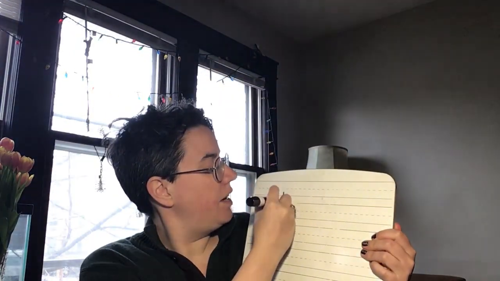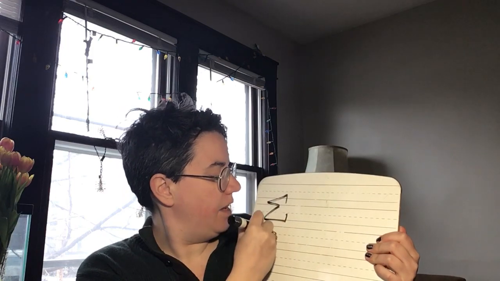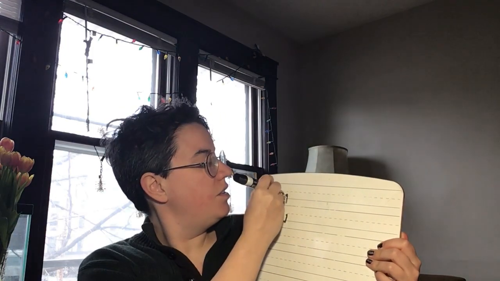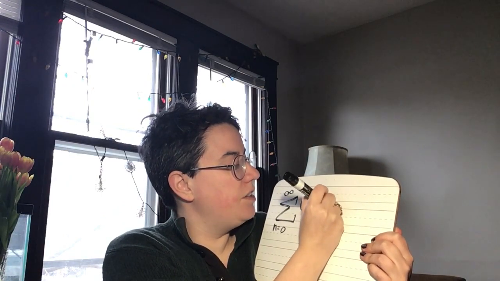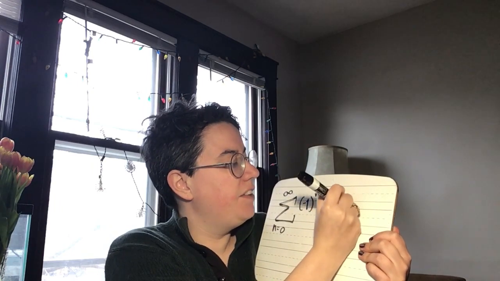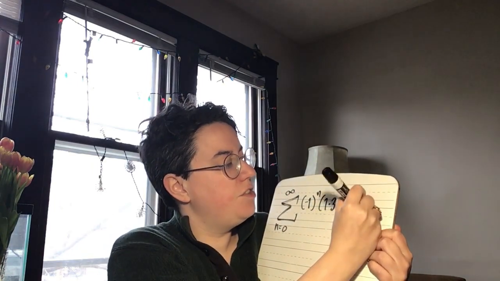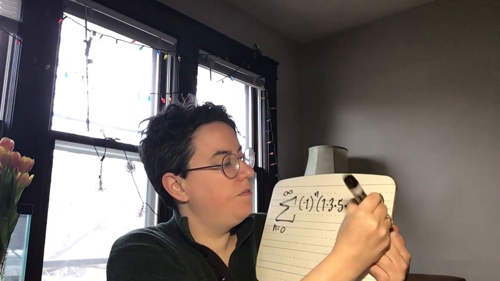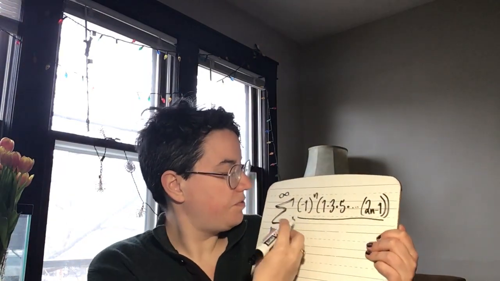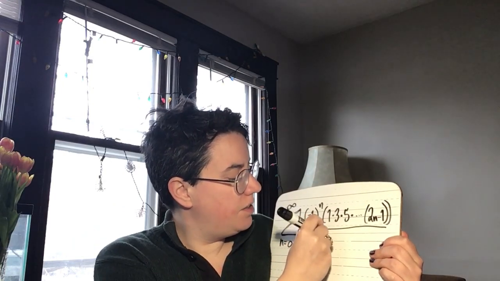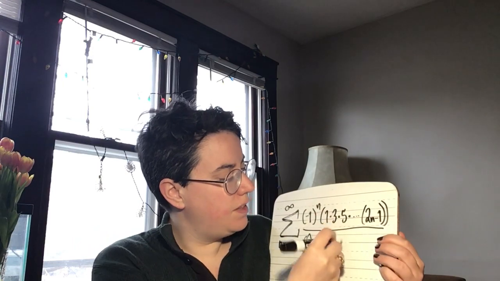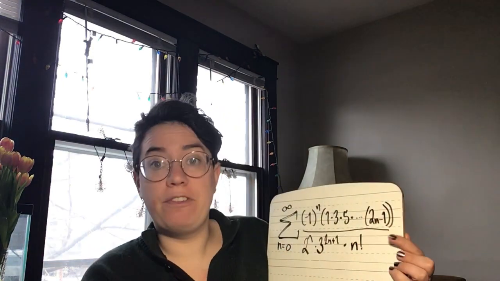So then I'm going to fill it into my series, n equals 0 to infinity, negative 1 to the n times 1 times 3 times 5 times 2n minus 1 over 2 to the n times 3 to the 2n plus 1, and then n factorial, that's just from the formula.